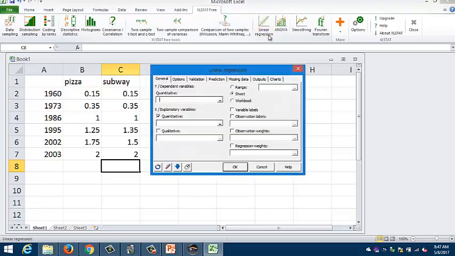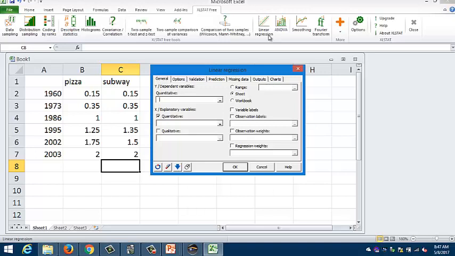And it's going to ask me again, where's the data, right? There's a few options here, so we have to be careful. It says Y dependent variables, and it also says X. So you have to keep track of which one's which. The way I decided to do this was I was going to let Y be the subway.